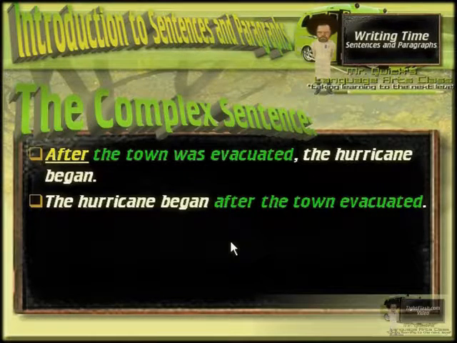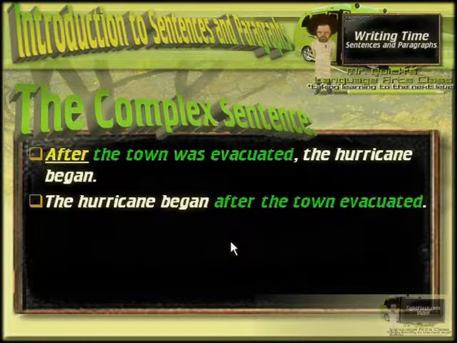Well, this is a very important point, and I need for you to make sure you get this. If the subordinating conjunction is placed at the beginning of the first independent clause, then you need a comma separating the first and the second. If the subordinating conjunction is put at the beginning of the second independent clause, then you don't need a comma separating it from the first independent clause.